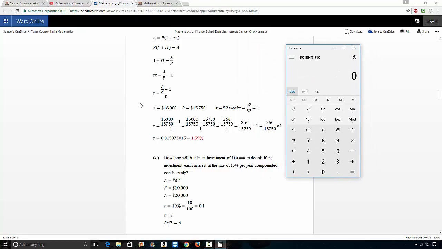Here our A is 16,000. So you press 16,000, then divided by P, 15,750, equal to. You first of all do equal to, okay? And some of you, if you're using your ordinary calculators, please, this is important.